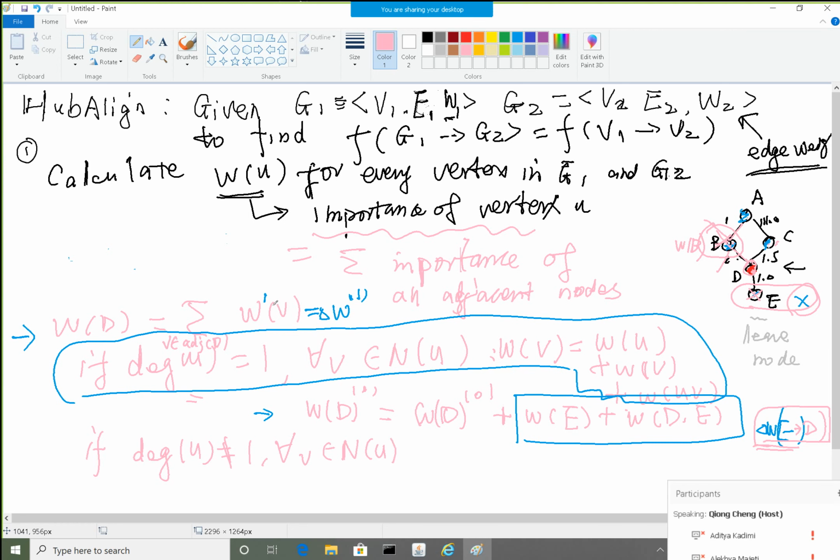And what we do is calculate the contribution of this weight. For example, we check for B. So the contribution of this one is equal to W. So take a look at this one.